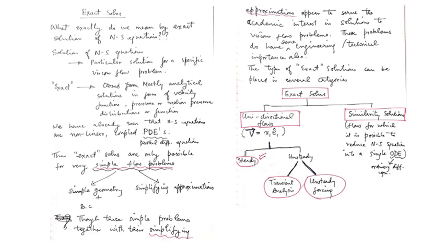Now, we have already seen that Navier-Stokes equations are nonlinear coupled partial differential equations. So, exact solutions are very rare for this kind of complex system of partial differential equations. In fact, they are only possible for very simple flow problems. What do we mean by a simple flow problem?